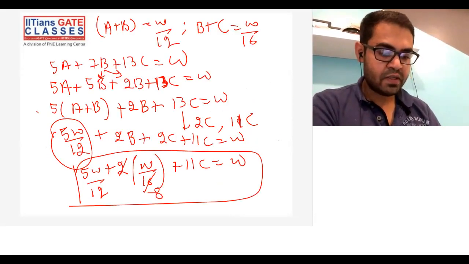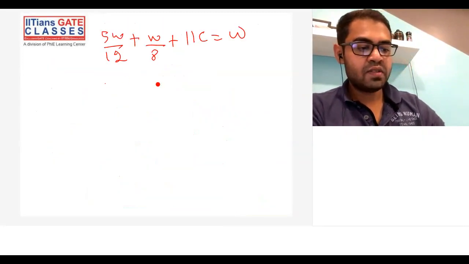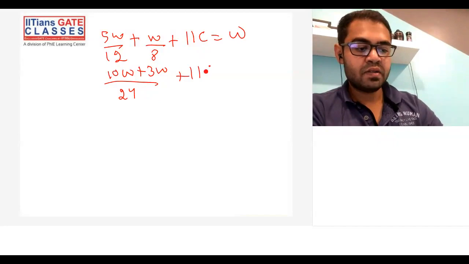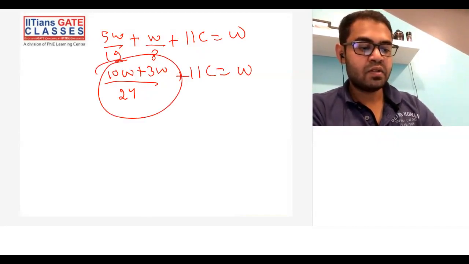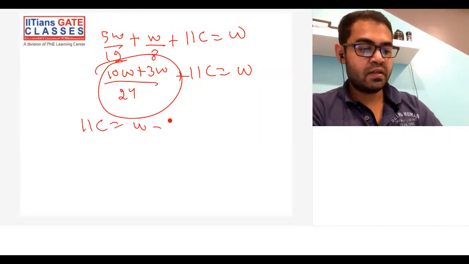Yes, W by 8 plus 11C is equal to W. Great. Now just take the LCM. LCM would be 24. This becomes 10W, this becomes 3W, plus 11C is equal to W. This is 13W, which will go on the right hand side. This becomes 13W by 24.